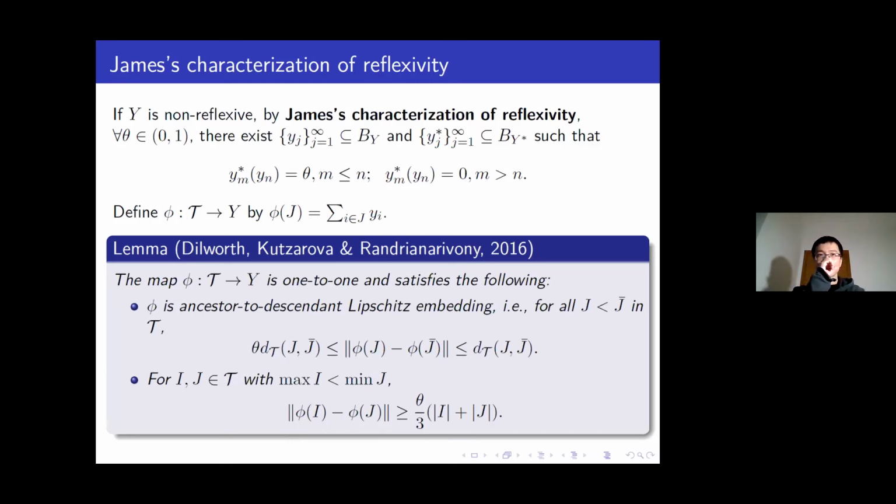Okay, so the question is, can we map the countably branching tree T into a space with property beta in such a way? So this is the question. And maybe at this point, we should look back to see why you cannot embed the countably branching tree into a space with property beta Lipschitzly.